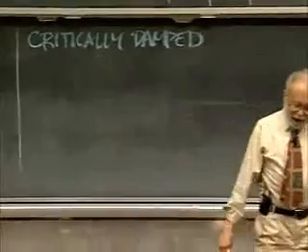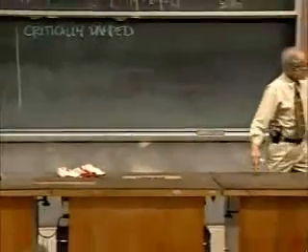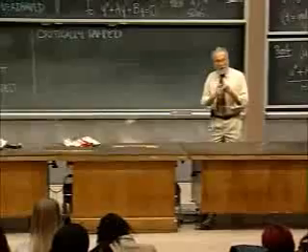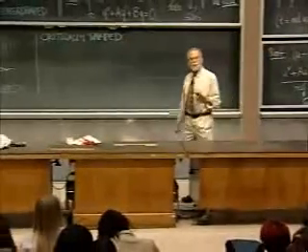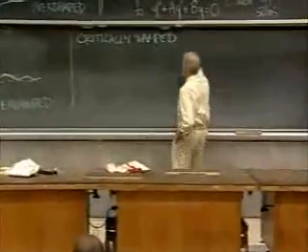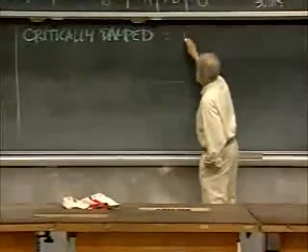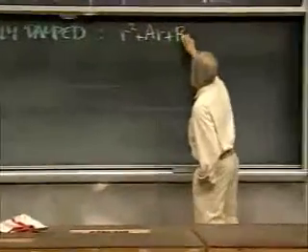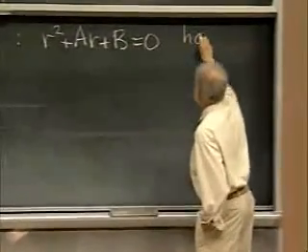Now, what's critically damped? It must be the case just in between these two: neither complex nor the roots different. It's the case of two equal roots. So r squared plus ar plus b equals 0 has two equal roots.